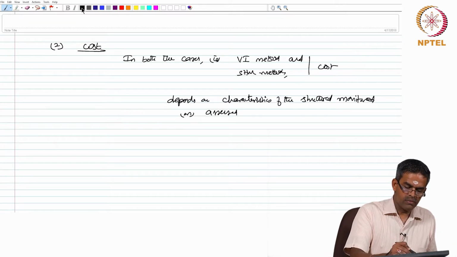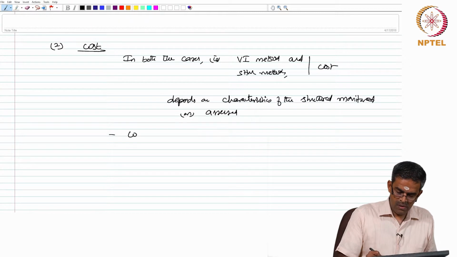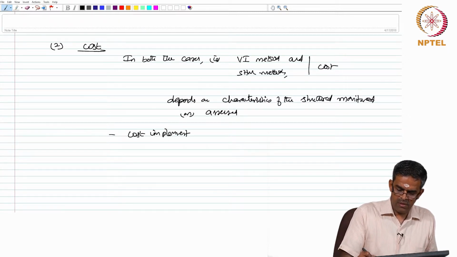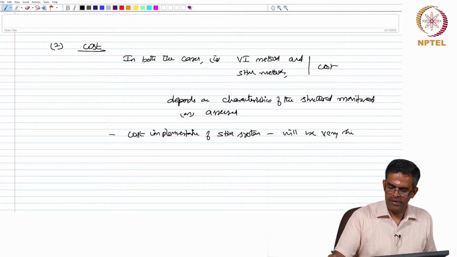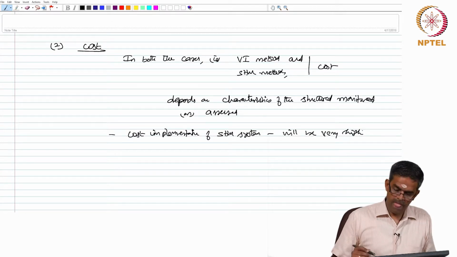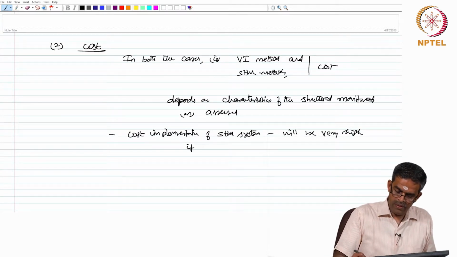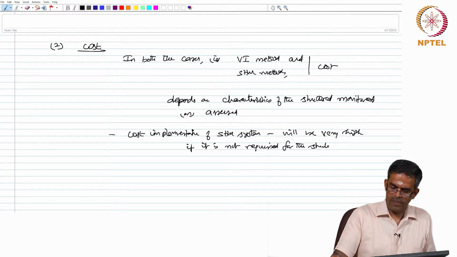However, the cost of implementation of an SHM system will be very high if it is not required for the structural system.